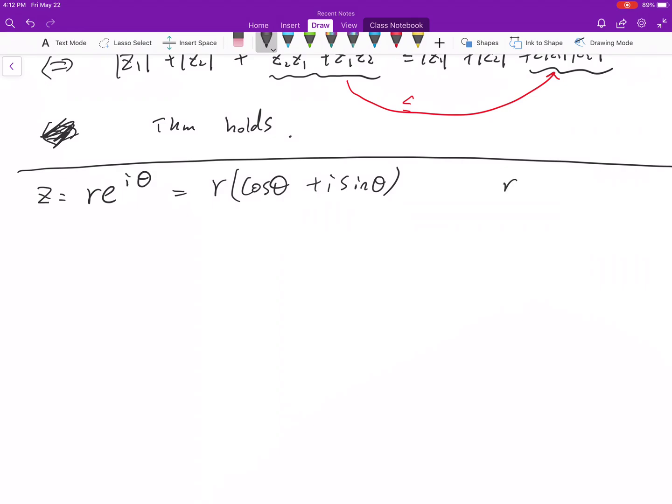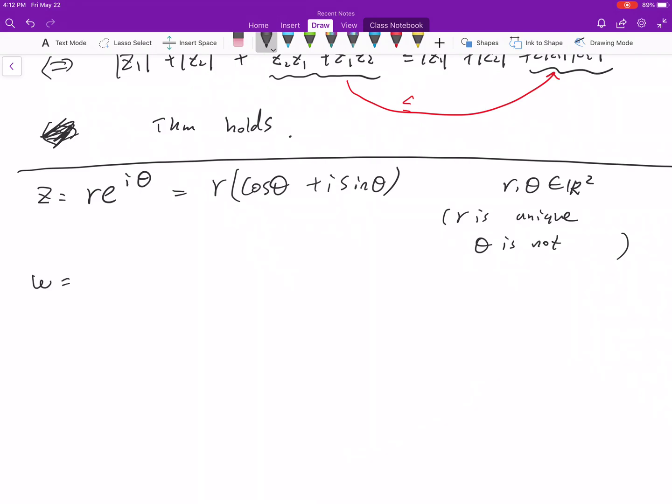Here r and theta are real numbers. It's clear that r is unique. Theta is not; it's only unique up to 2k pi, because exponential i 2k pi is 1.